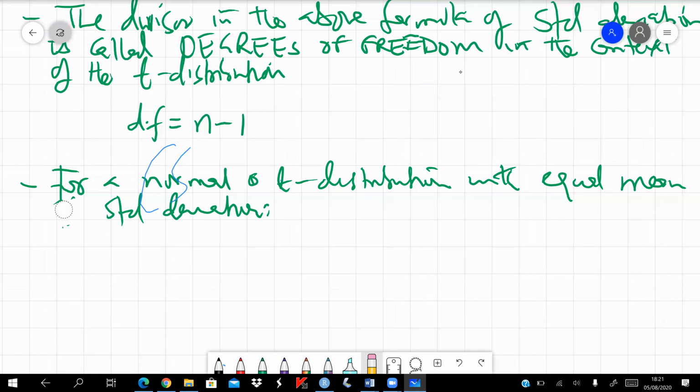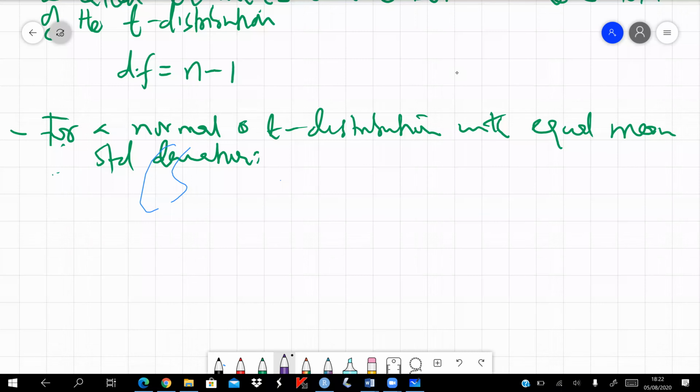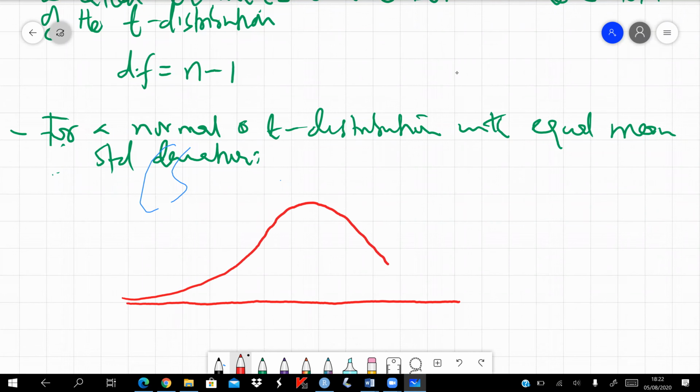The shape is the same. They are symmetrical about the mean. So that's the normal distribution, which we all know. We can put this as our line of symmetry. That's our line of symmetry. So this is a mean point.